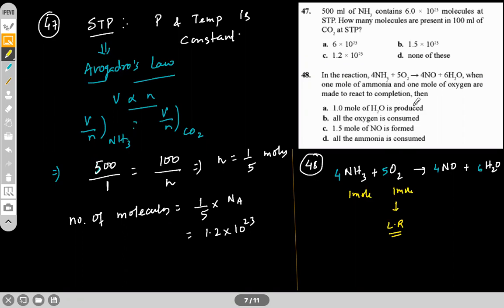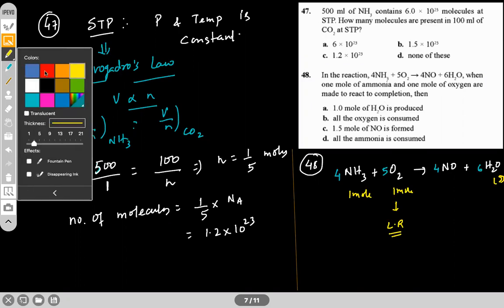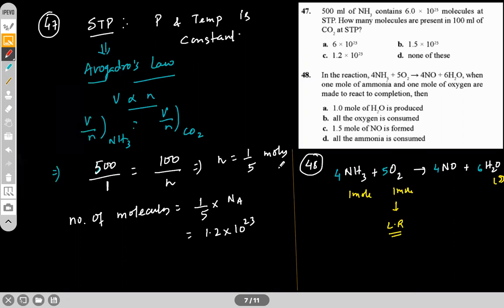1 mole of H2O is produced. Can we say that? Because 5 moles gives 6 moles, if it is in gaseous form, then only we can talk about this. 5 moles gives 6, so 1 mole gives 1.2 moles of H2O. Option A is wrong. So when you check each and every option one by one, option A is wrong, option B is correct because O2 is the limiting reagent. 1.5 mole of NO is formed.